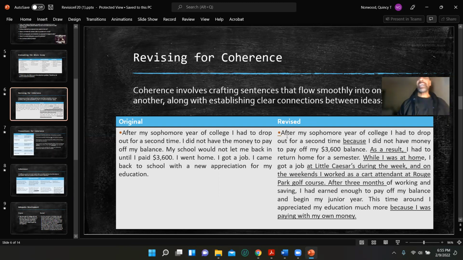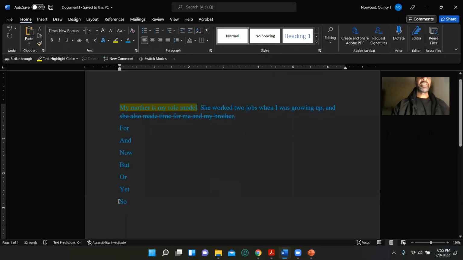So, transitions, filling in informational gaps. Sometimes it's just completing your thought. Sometimes it's using repetition.